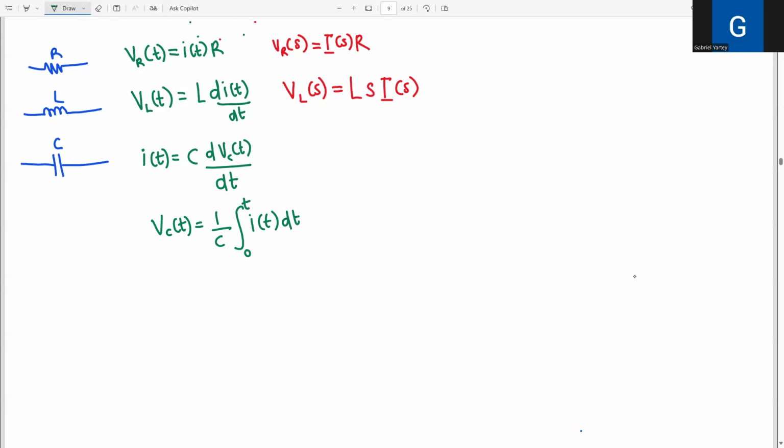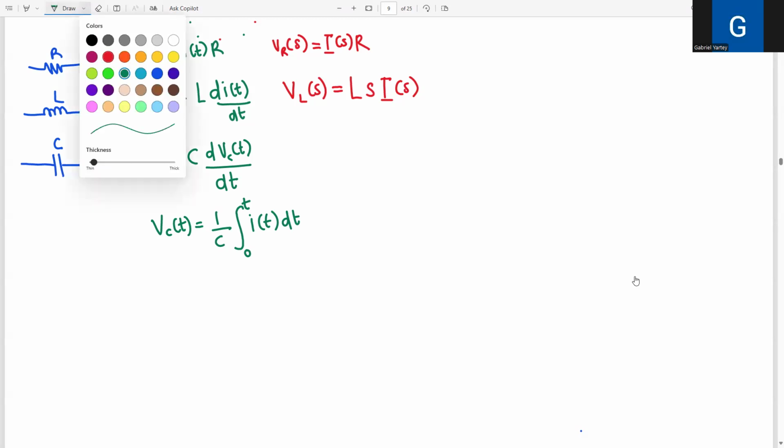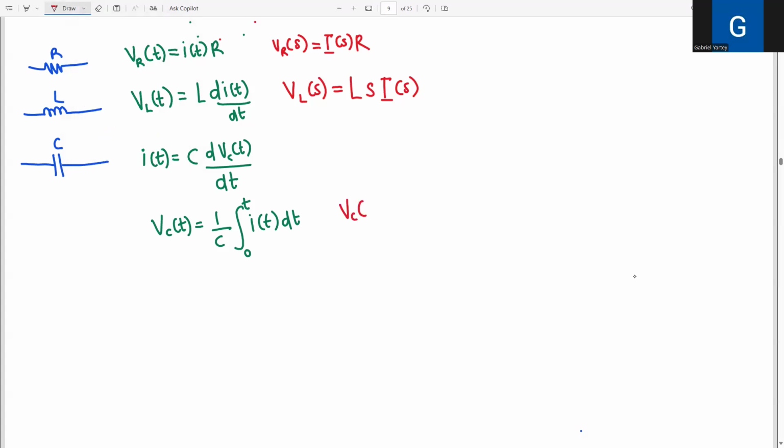Now, if I find the Laplace of this function, Laplace of this gives me V_C of s is equal to 1 over C, which is a constant so it doesn't change, and then the Laplace of an integral is going to be I of s over s, right?